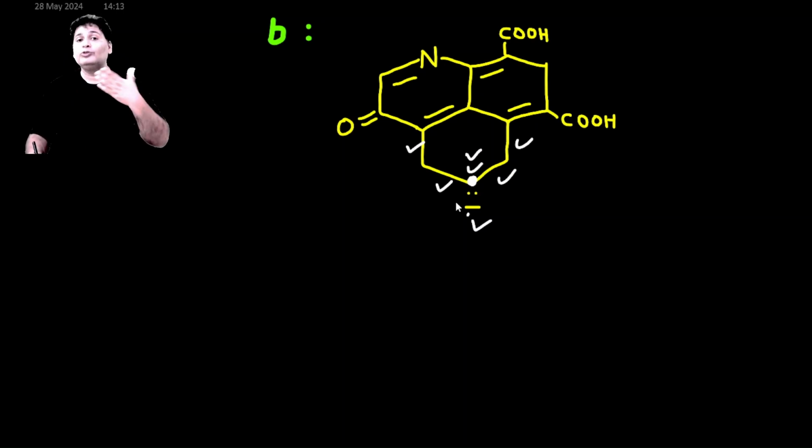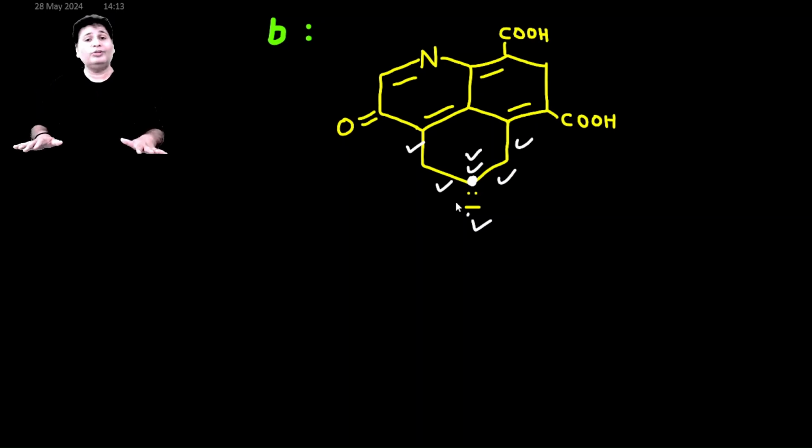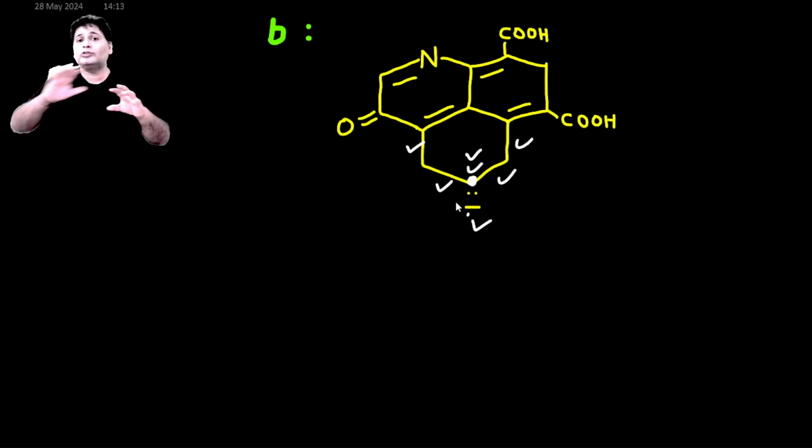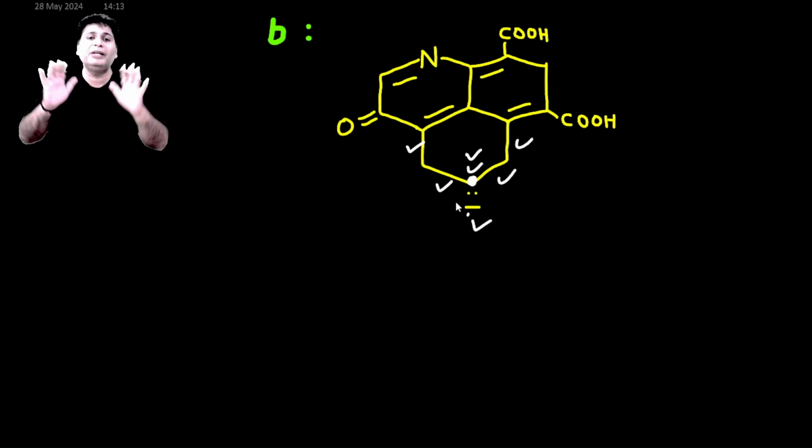So there is no conjugation, and you understand, in the case of A you got 6 resonating structures. So there was lots of delocalization you have seen. The minus was hopping from one place to another, and it was good for the health of the anion, for the stability of the anion.